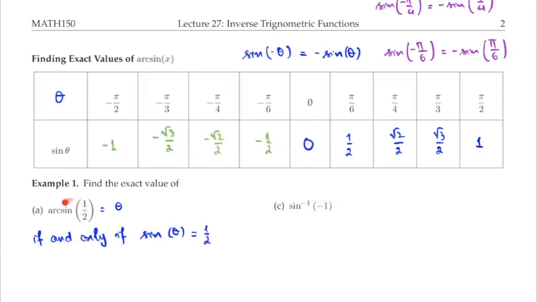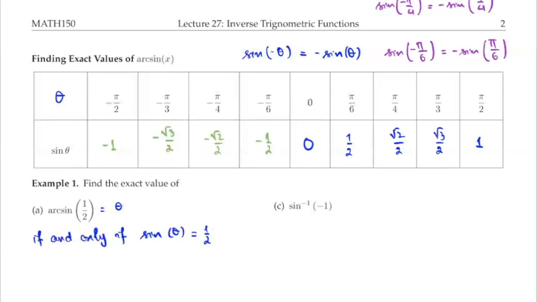So the inverse sine of 1/2 will give you the angle. In other words, you're looking for the angle theta such that sine of theta is equal to 1/2. Now you go to the table right here, and you see that for sine of theta equal to 1/2, theta must be pi over 6.